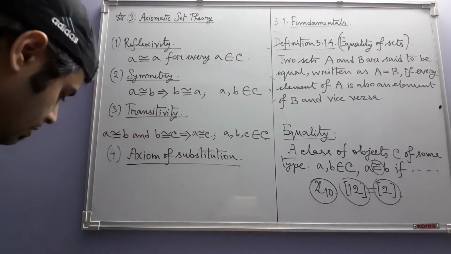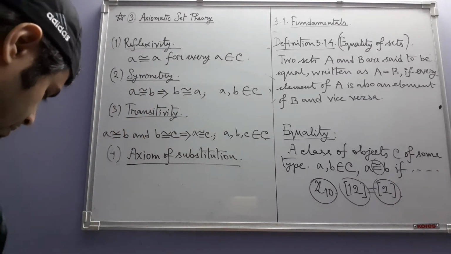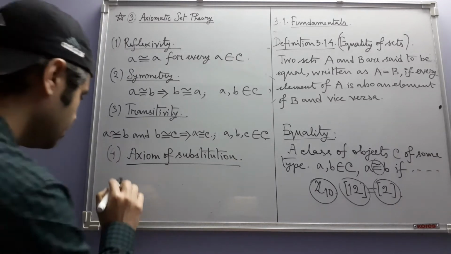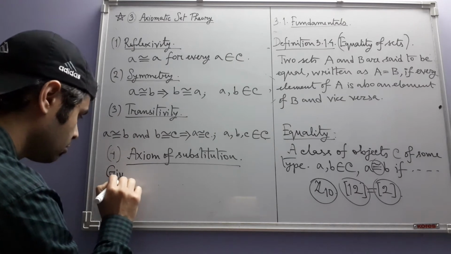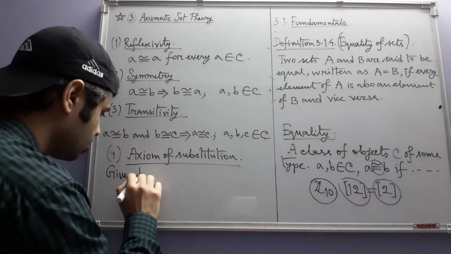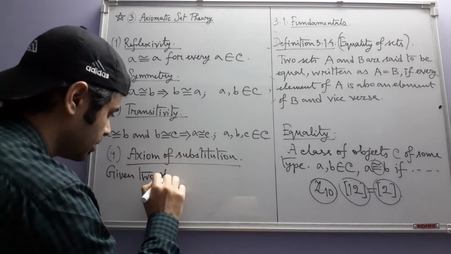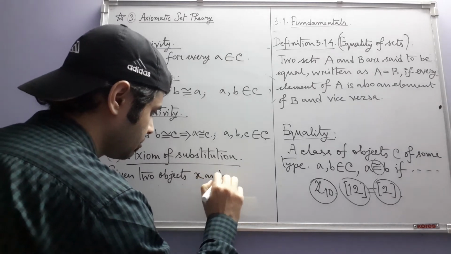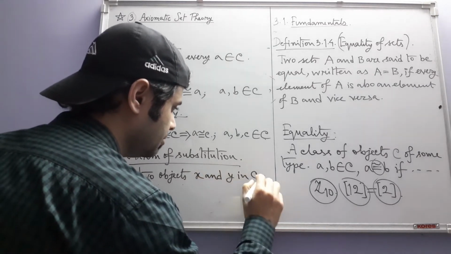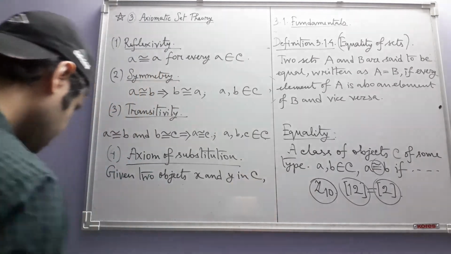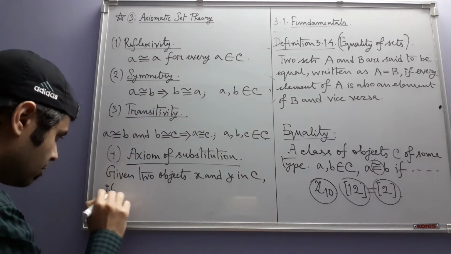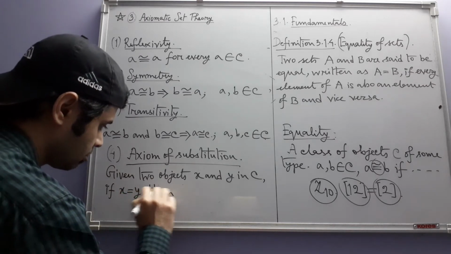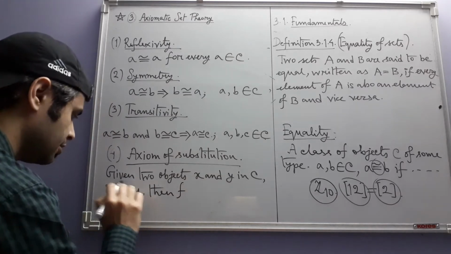Now its statement is somewhat large and a little unfamiliar, although it's very natural. Given objects X and Y in C, if X is equal to Y, then Fx, oh, I am using this symbol, right?